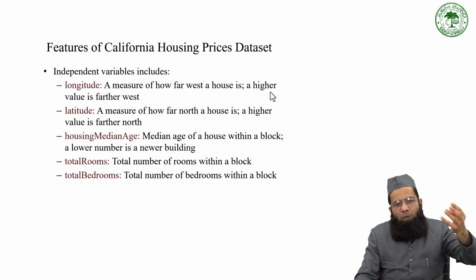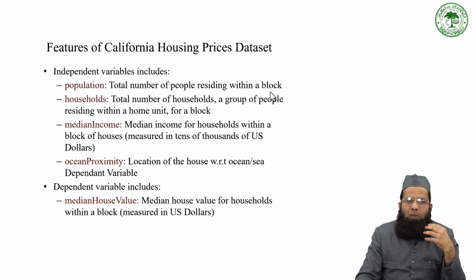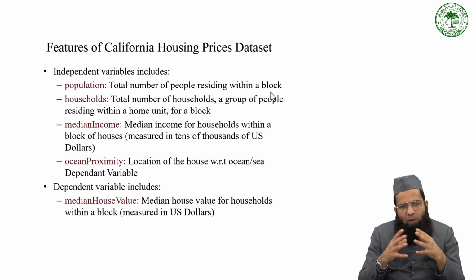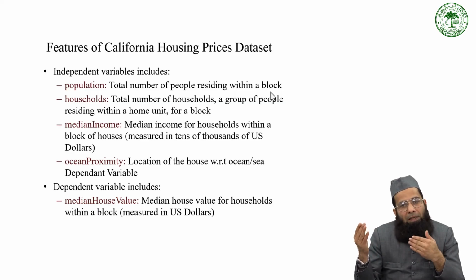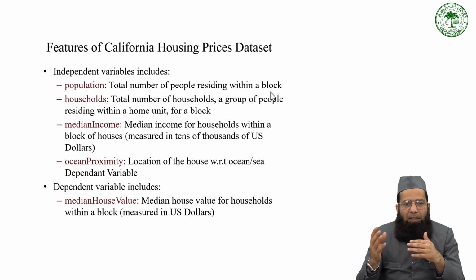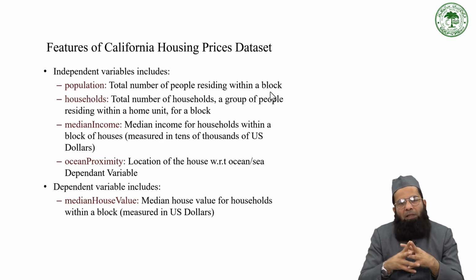So it contains the total rooms in a particular block, total bedrooms in a particular block. It is storing all this information. And there are certain more independent variables: population, the total number of people residing within a block; households, the total number of households, a group of people residing within a home unit for a block; median income; and ocean proximity, the location of the house with respect to the ocean, sea.